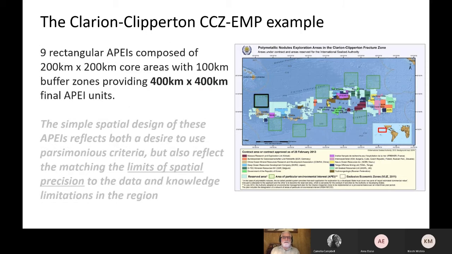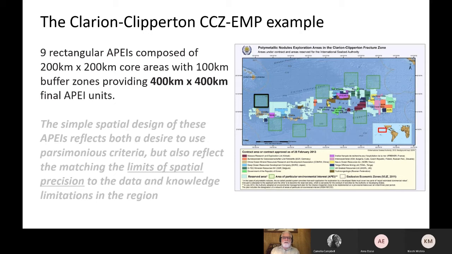The sites also, in the CCZ example, ended up being originally nine rectangular APEI units that were 200 kilometer by 200 kilometer areas, and they had an additional 100 kilometer buffer on either side, extending them out to a 400 kilometer footprint.